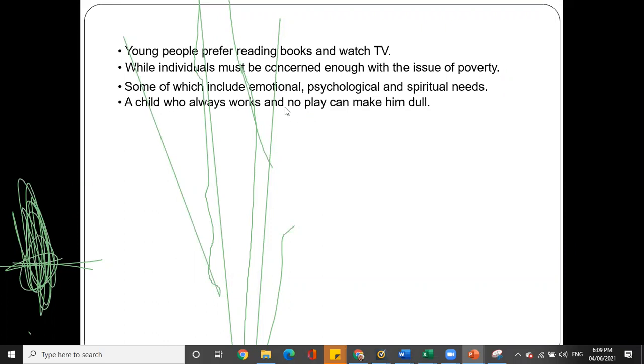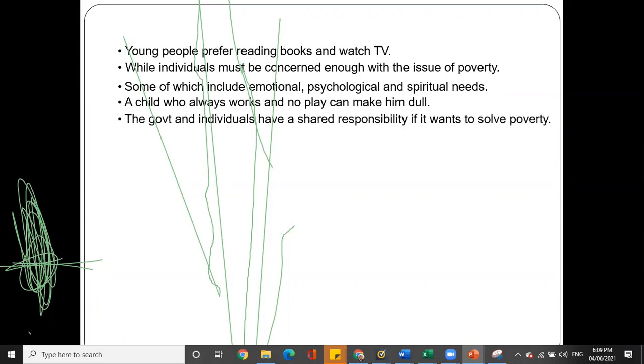A child who doesn't play. Yeah, we can also say a child who doesn't play, or a child who has no play can make him. A child who always works and has no play can make him dull.